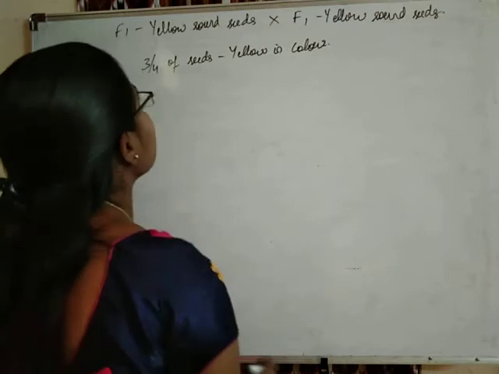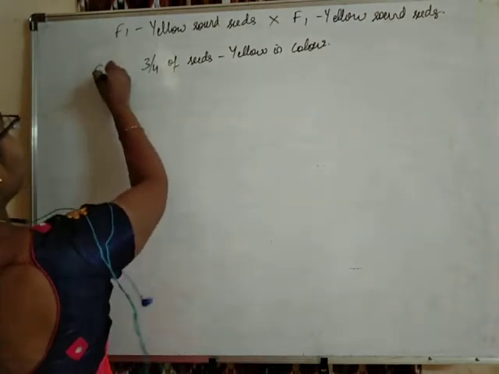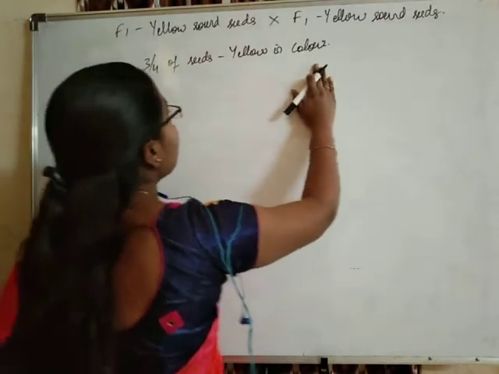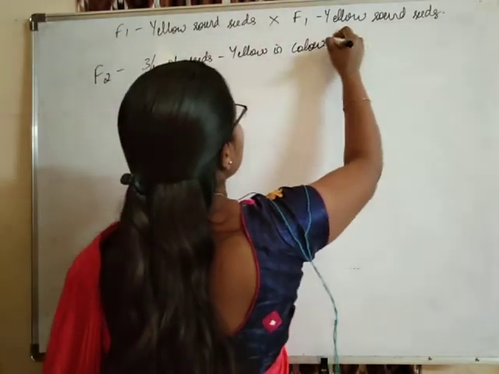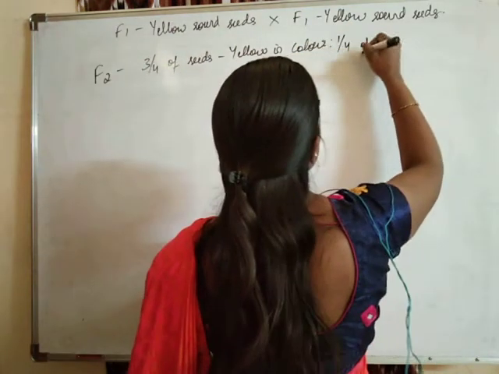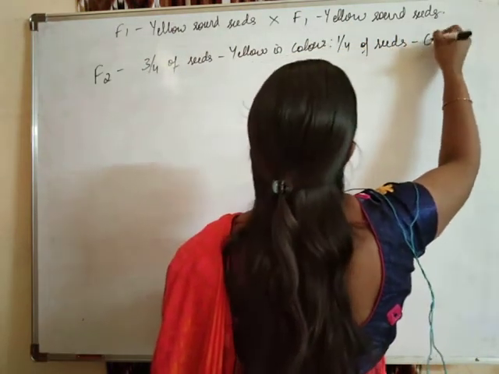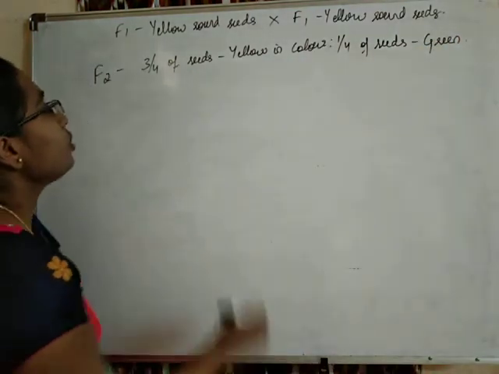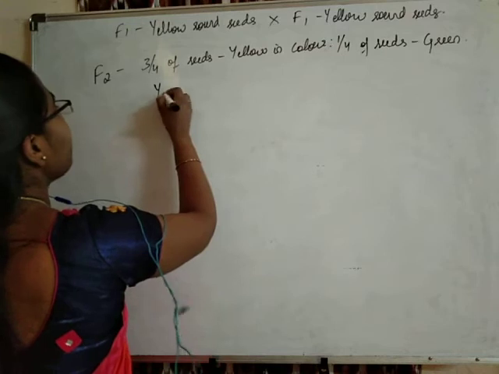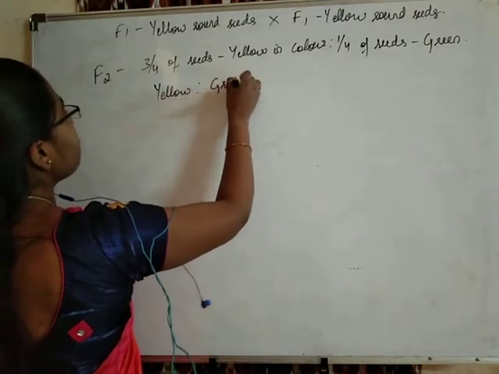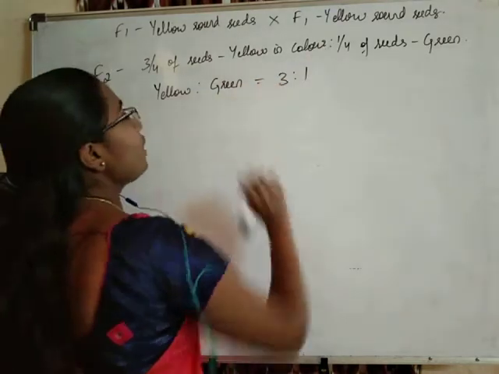As a result, in the F2 generation, 3/4 of the seeds were yellow in color and 1/4 of the seeds were green in color. So here, students, the yellow to green ratio was 3:1.